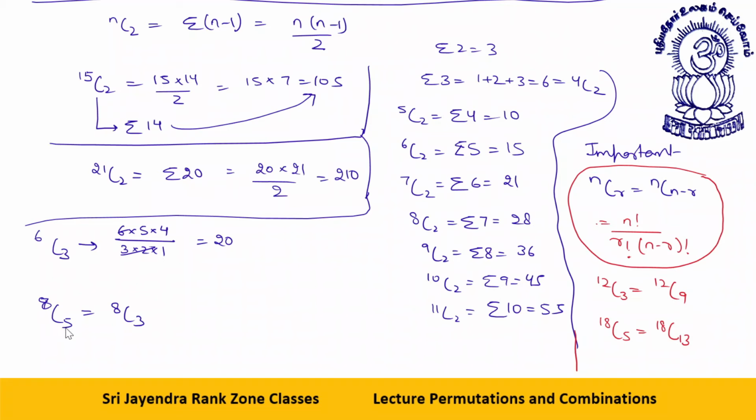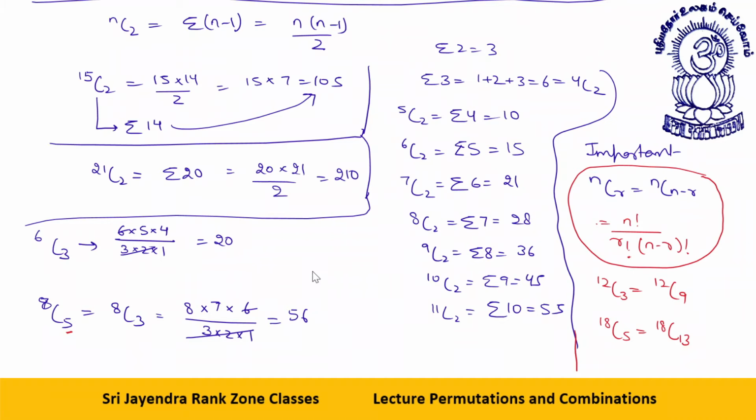See, this number is bigger, so I will put a smaller number over here. 8C5 will be equal to 8C3, and that will be equal to 8 into 7 into 6 divided by 3 into 2 into 1. This cancels. This will give you 8 into 7, 56. Am I very clear to all of you?